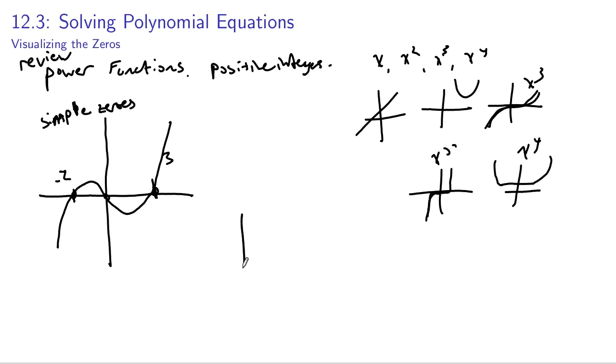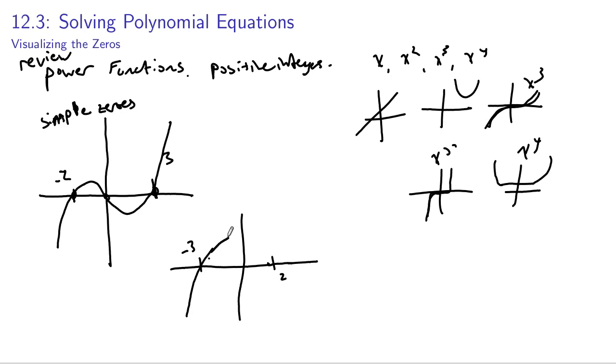So what happens when you have a double zero? If the 0 happens twice. Suppose you have a single or simple 0 at -3, but at 2 you have a double 0. Well, at -3 the graph will go straight through the axis.